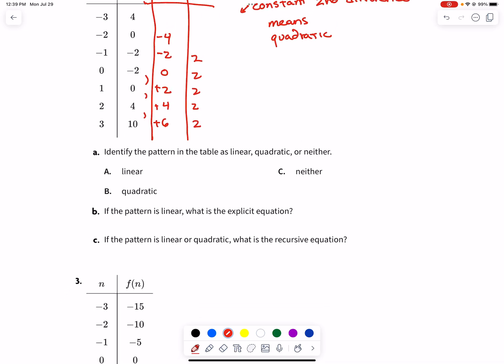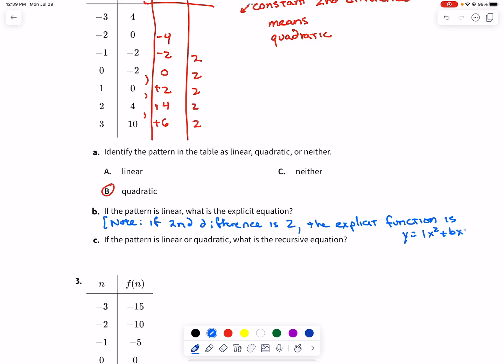And we don't have this pattern. Incidentally, for those of you who like to know these things, we can find B and C by plugging in x values.